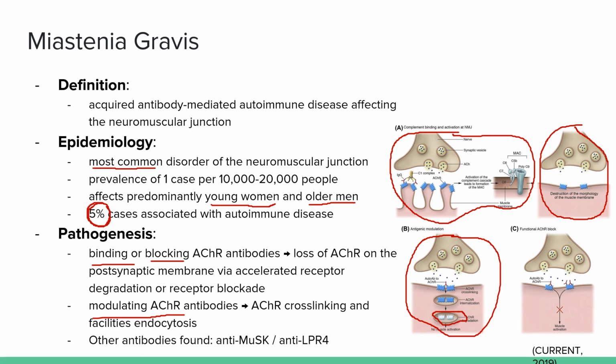Other autoantibodies we can find in this disease are anti-MuSK and LRP4 antibodies, and these are less common but are also present.